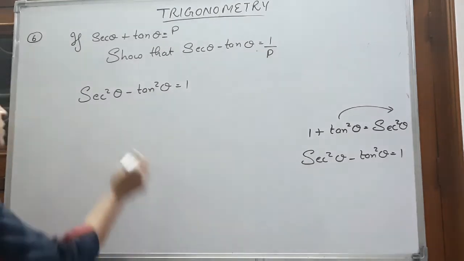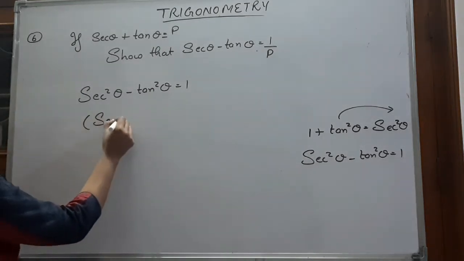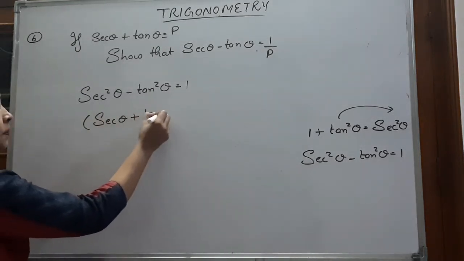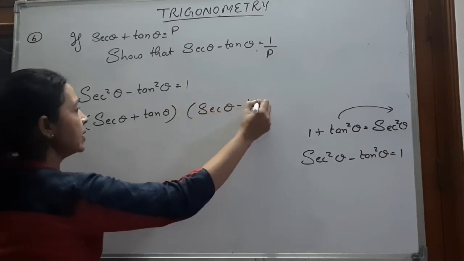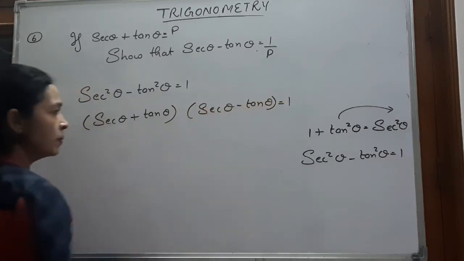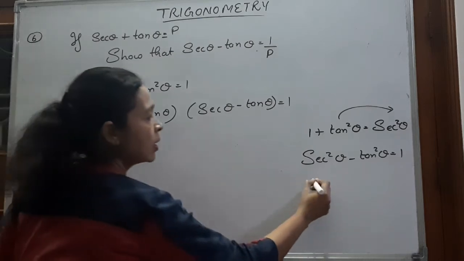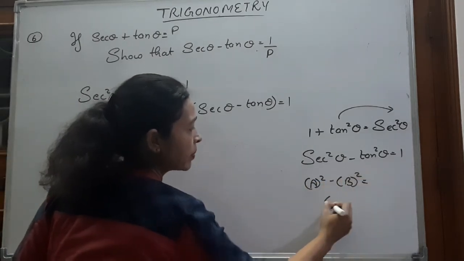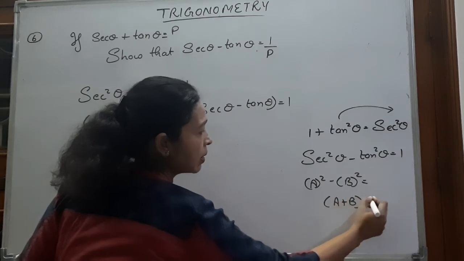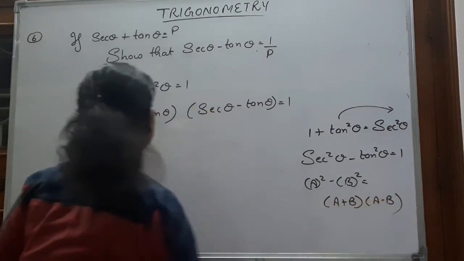A plus b, a minus b. So we have sec theta plus tan theta and sec theta minus tan theta is equals to 1. Identity is a whole square minus b whole square is a plus b, a minus b.